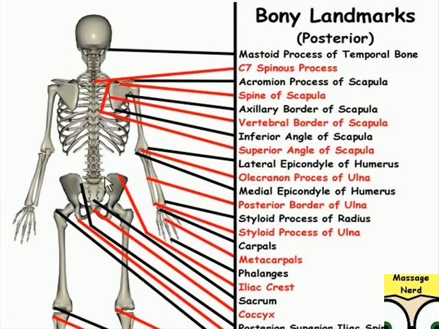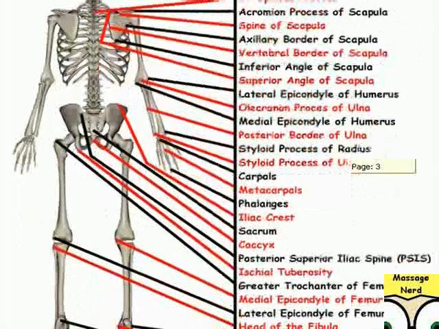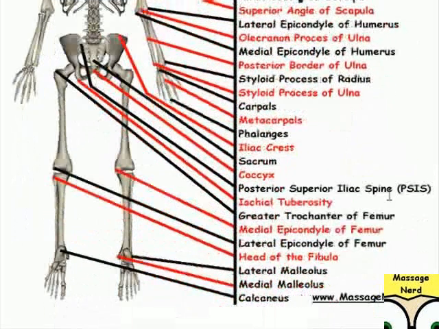Iliac crest, right here. Sacrum, right here. Posterior superior iliac spine, right here. Ischial tuberosity, right here. Greater trochanter of the femur, right here.